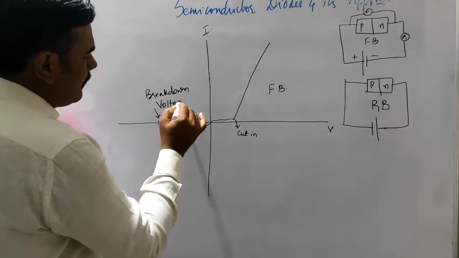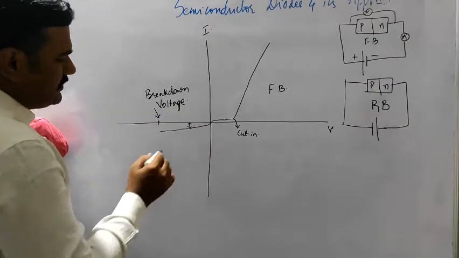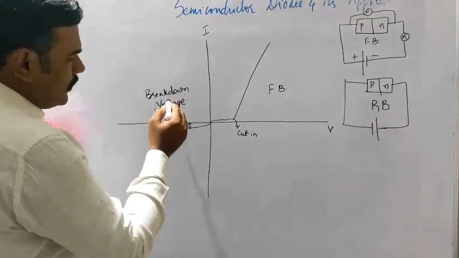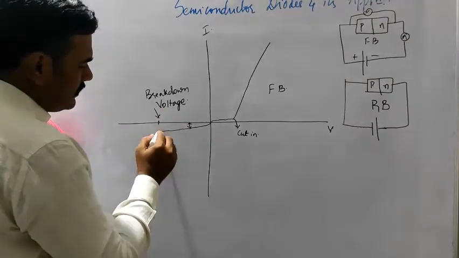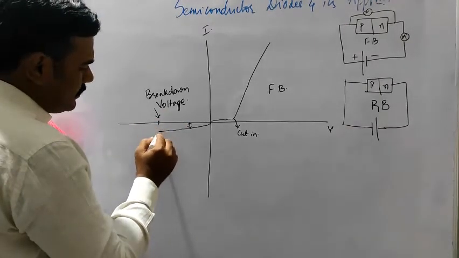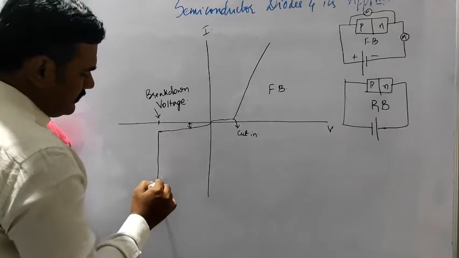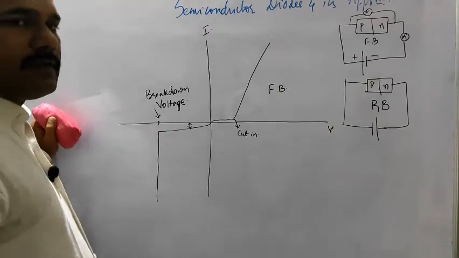Okay, up to breakdown voltage there is no flow of current. Once the external voltage is equal to the breakdown voltage of the diode, after attaining this point, there is a sharp increasing current.